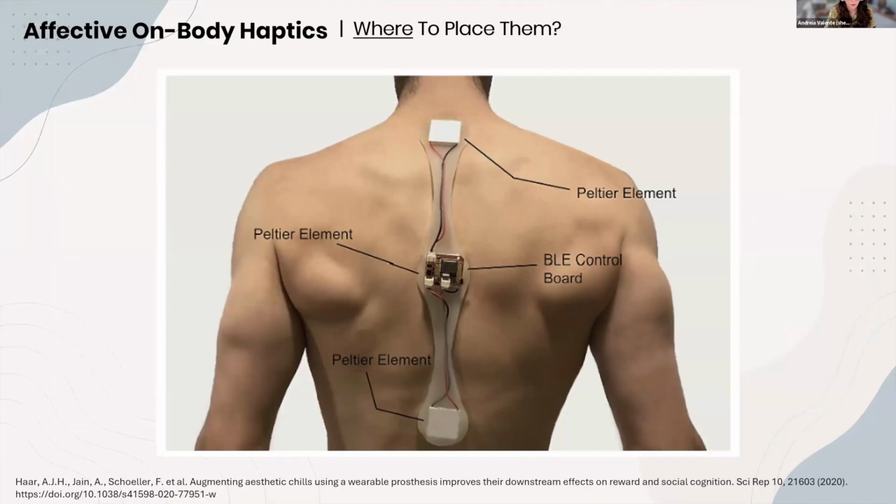Then there's a lot of work on simulating body shivers, spine shivers. In this paper specifically, they use two Peltier elements to give you the illusion that there's a shiver coming down your spine.